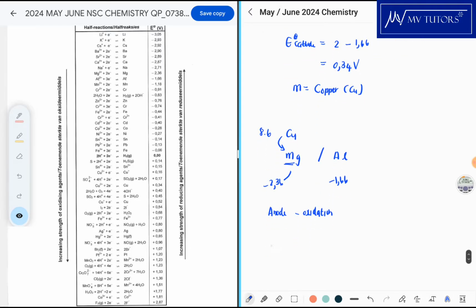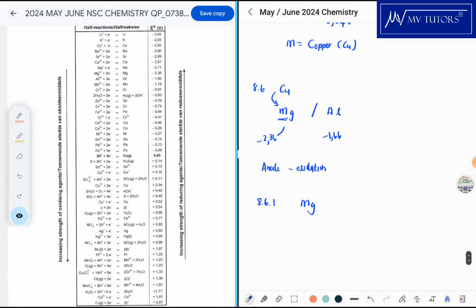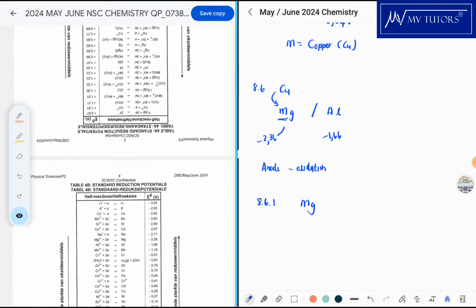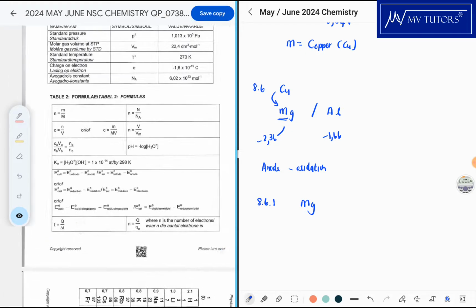I hope I'm making sense. For 8.6.1, which one will be the anode? Magnesium, more than aluminium, because it wants to oxidize much better, because as you go up you have the increasing strength of reducing agents. So increasing strength in the ability to oxidize, basically.